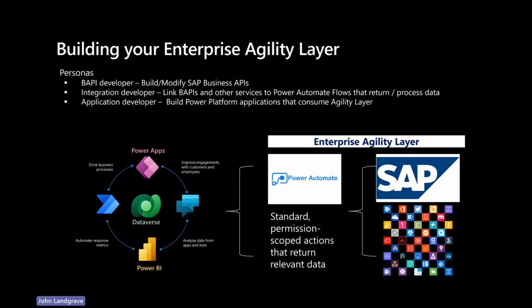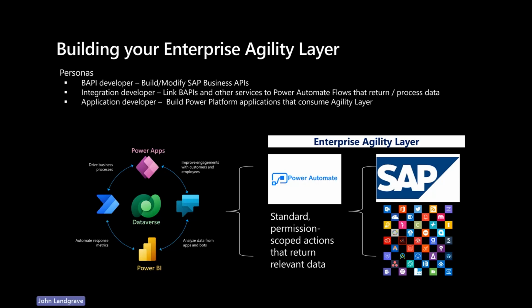Frankly, in most organizations, they have a specific initiative that they want to drive, and they build an agility layer that supports that initiative from any surface, right? So building out the agility layer in a way that it can be consumed from Power Apps, from other Power Automate flows, from chatbots, and frankly could be consumed from other non-Microsoft platforms, where this agility layer effectively becomes a microservices layer that exposes SAP in a secure and manageable way.